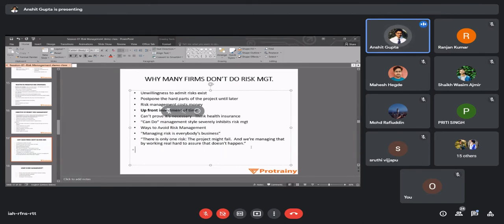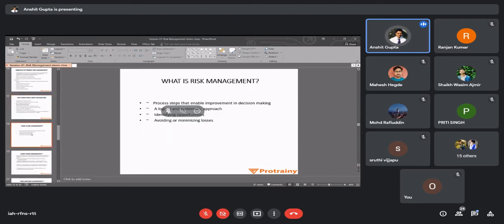Then there is only one risk, that the project might fail, and we are managing that by working really hard day and night to assure that doesn't happen. So everyone feels that I'm already working 24/7 so that the project does not fail, so we are handling the biggest risk. So what is the point of studying risk management? These are the things people think.